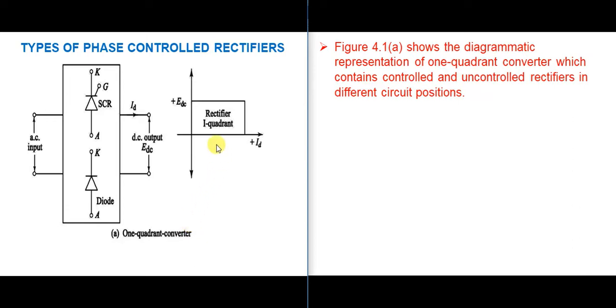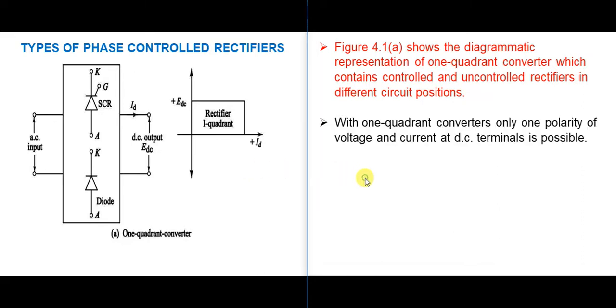Because we will get the output in the first quadrant only. We will get only the positive. Both the current as well as the voltage will be positive in nature. Hence it is called a one quadrant converter. With a one quadrant converter, only one polarity of the voltage and current at the DC terminals is possible. Only one polarity.